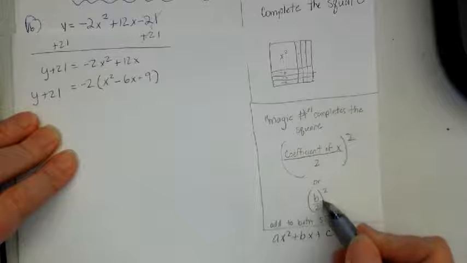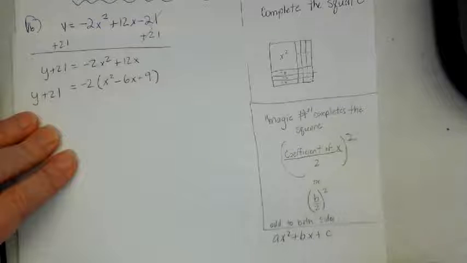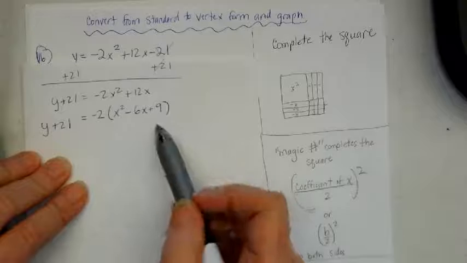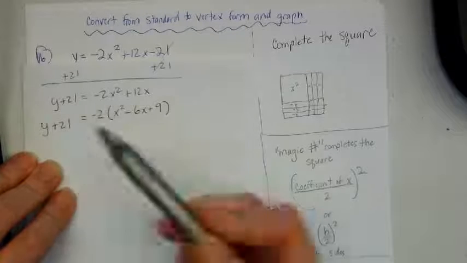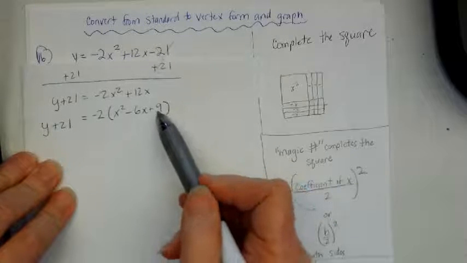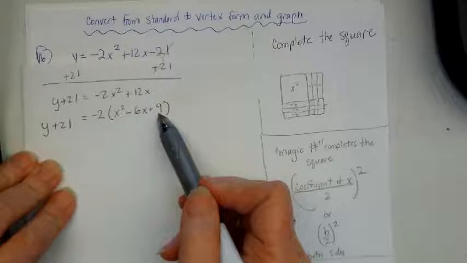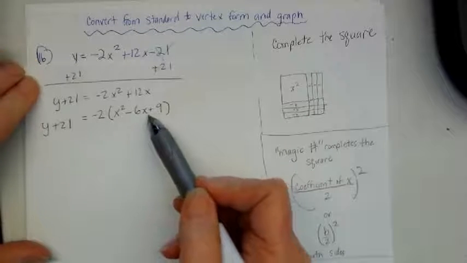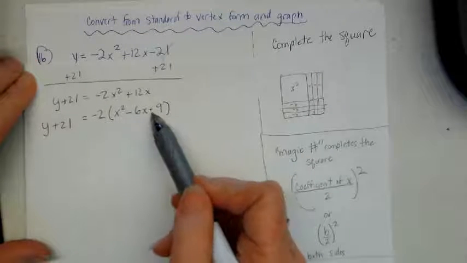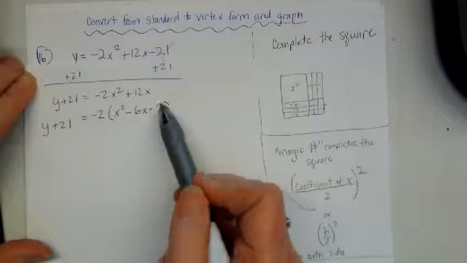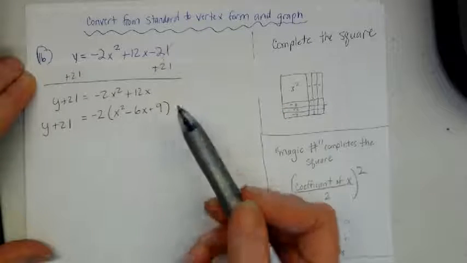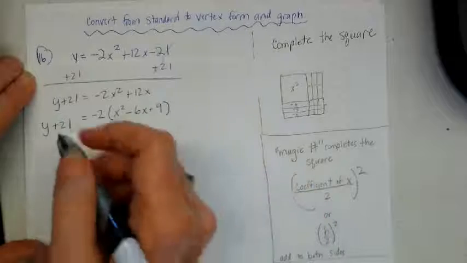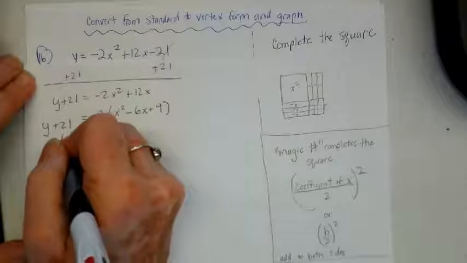It's half of b, squared, and we add that to both sides. So to add a 9 in here, I have to add something to the left-hand side. I actually added a 9 inside the parentheses, but really it's negative 2 times 9. So what I really added to the right-hand side of the equal sign is equivalent to negative 18. So I'm going to add negative 18 also over here.